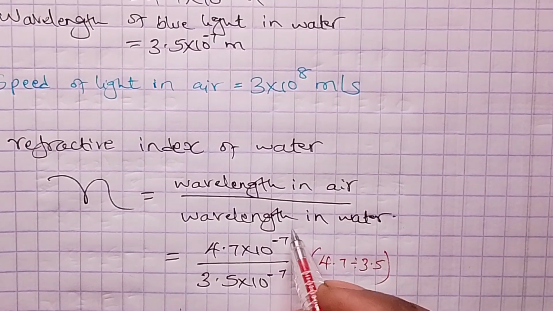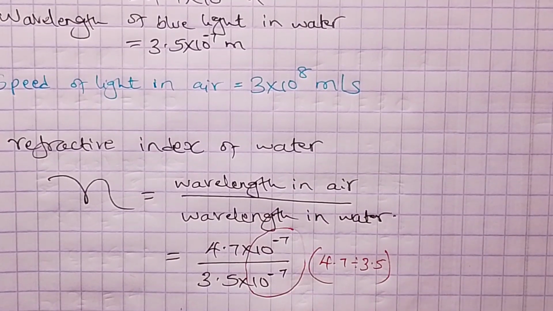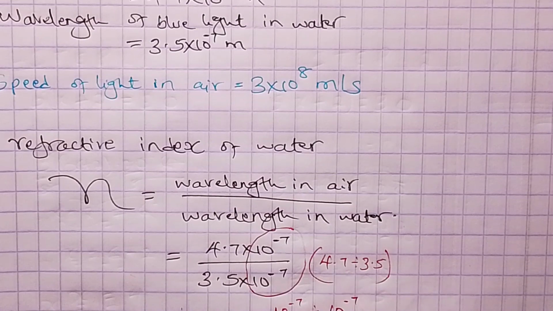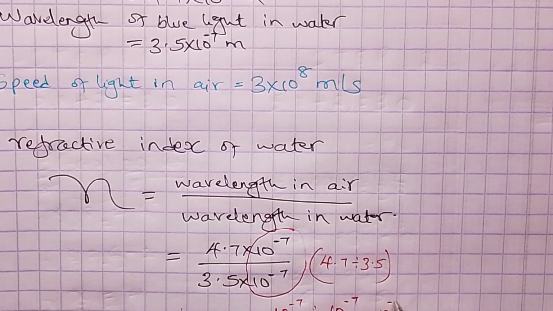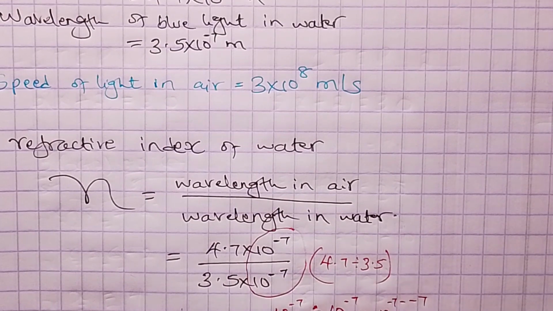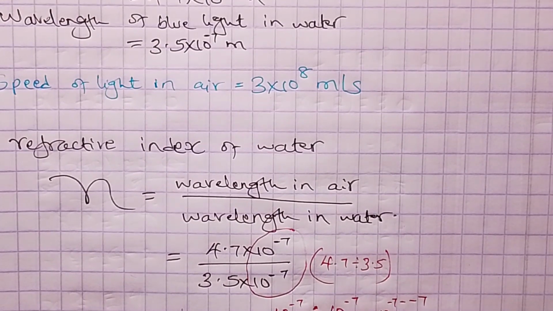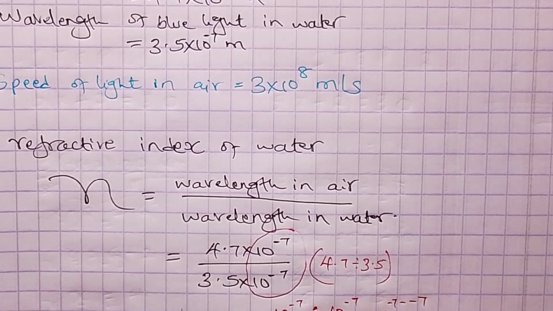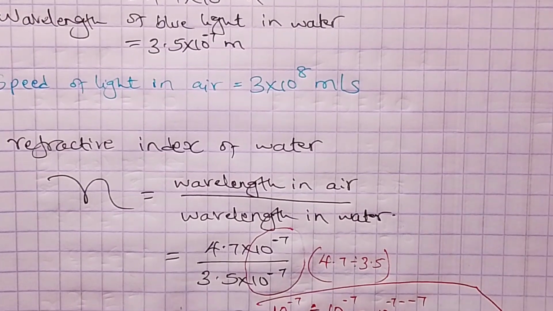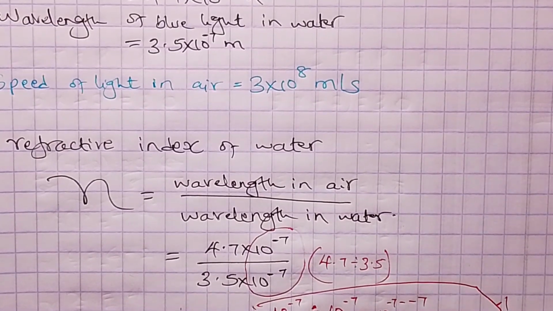Remember how we do this with indices: 10 power negative 7 divided by 10 power negative 7 is the same as 10 power negative 7 minus negative 7, which is 10 power negative 7 plus 7, which is 10 power 0, which is equal to 1.